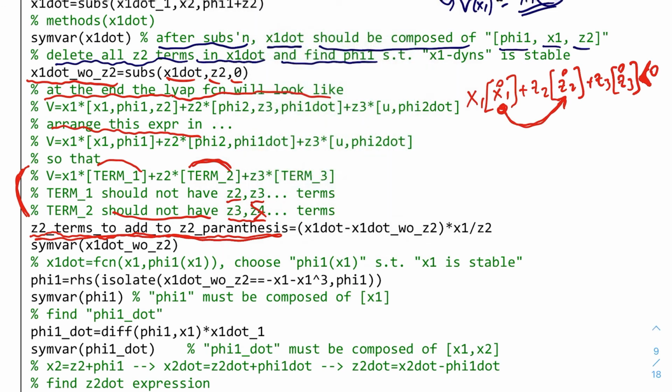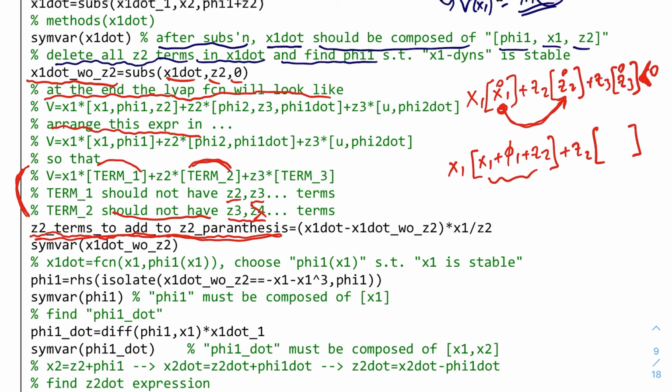Wait a sec. For example, let's think about this; I don't want to gloss over that. Let's say you have x1 plus phi1 plus z2, and you have some z2. How would you get that to here?